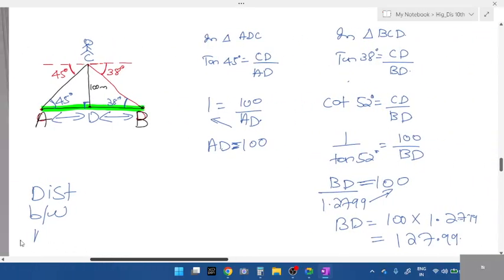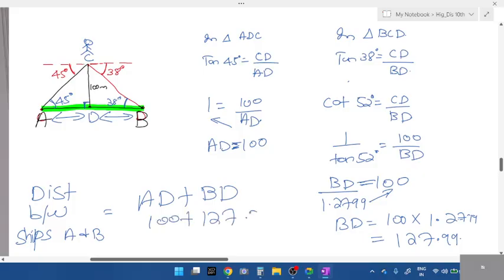Yeah, distance between ship A and B. 227 point, what's the answer? 99 meters.